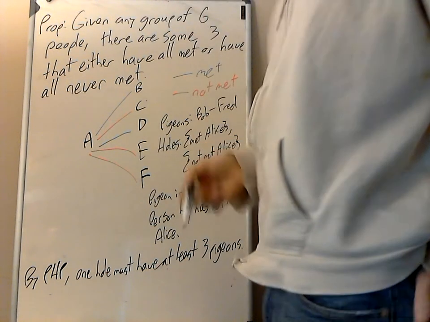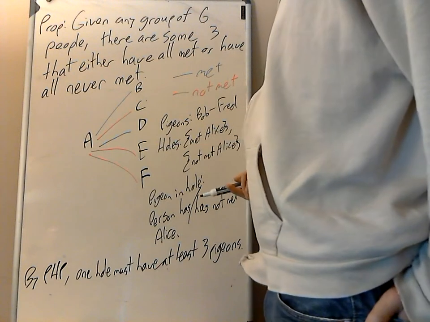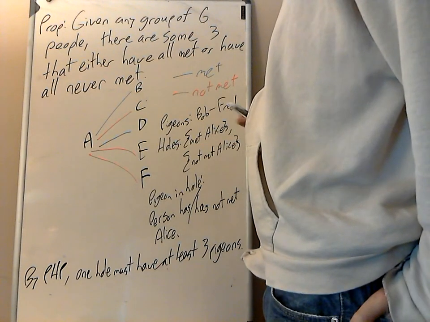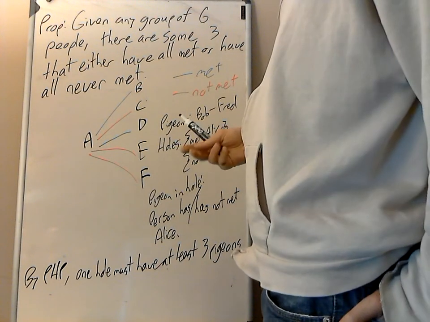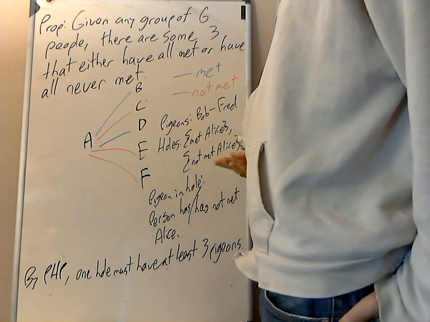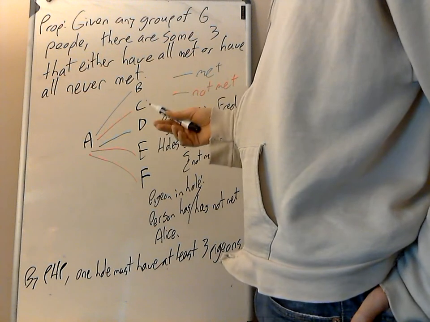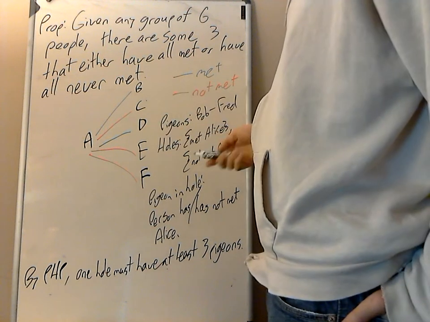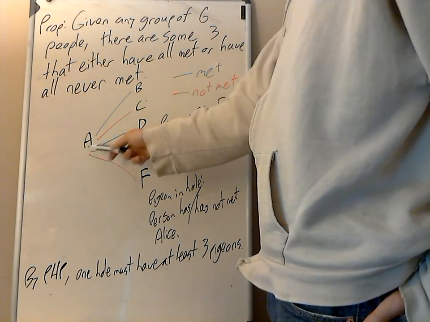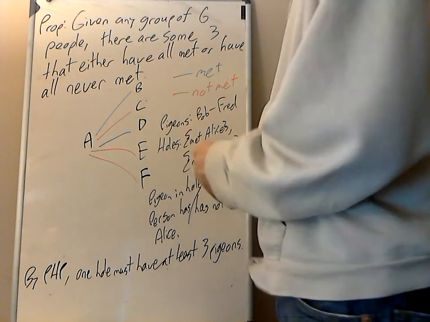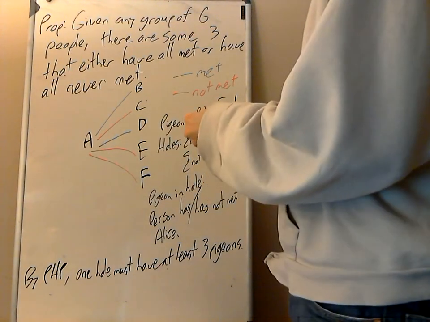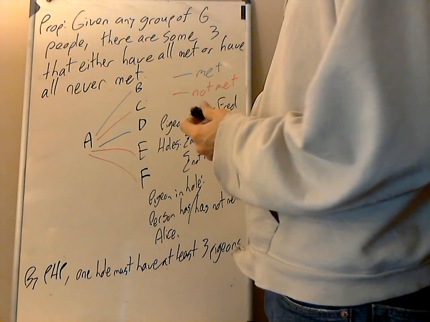So let's suppose, without loss of generality, that Alice has not met at least 3 people. Now, the proof will work the same way if Alice happens to have met at least 3 people. But let's work with not met to work with the diagram. Now, there are 2 possibilities.